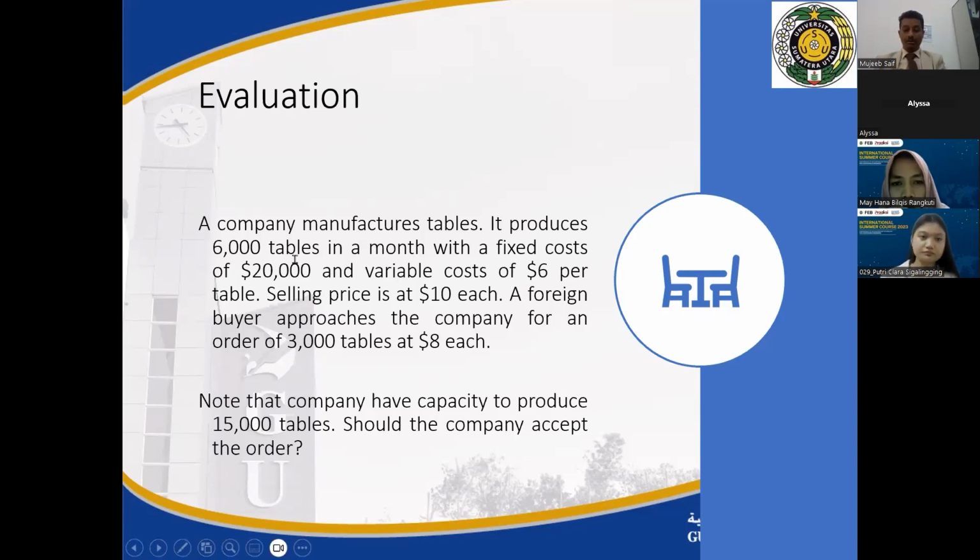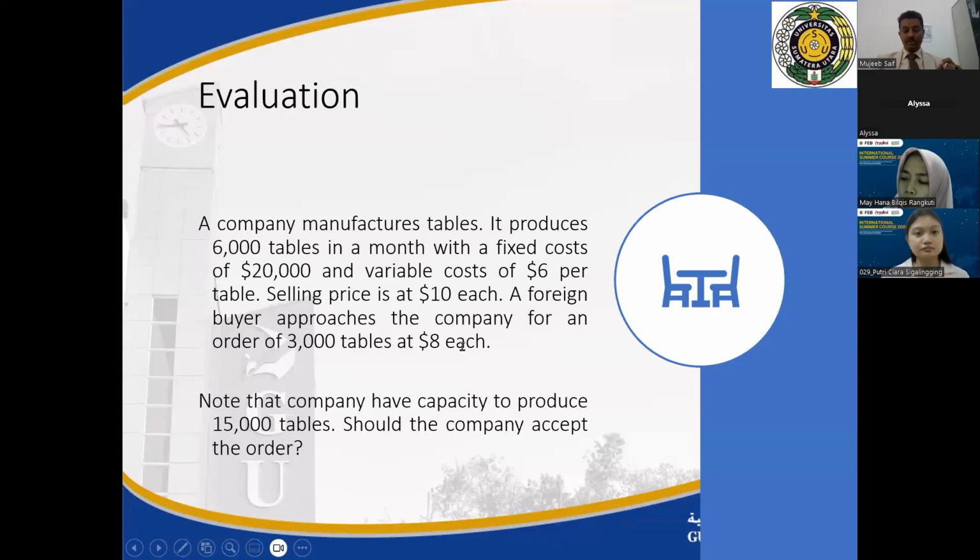Some managers who don't have an intelligent managerial accountant will reject this order immediately when they receive it. This is a small exercise to show you what managerial accounting is about.